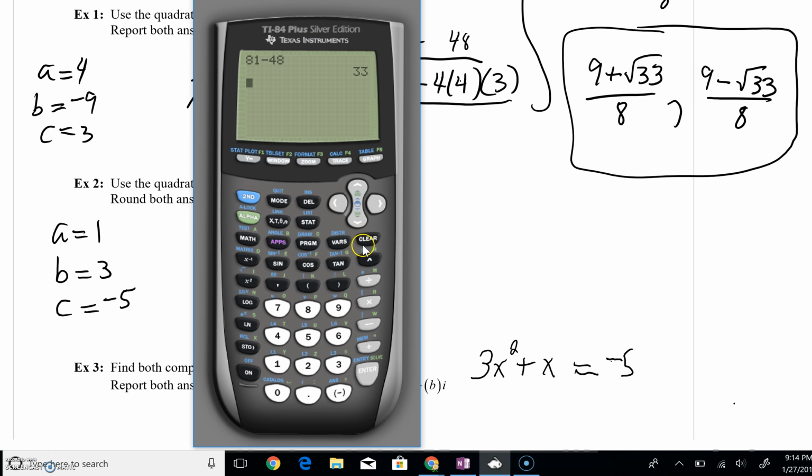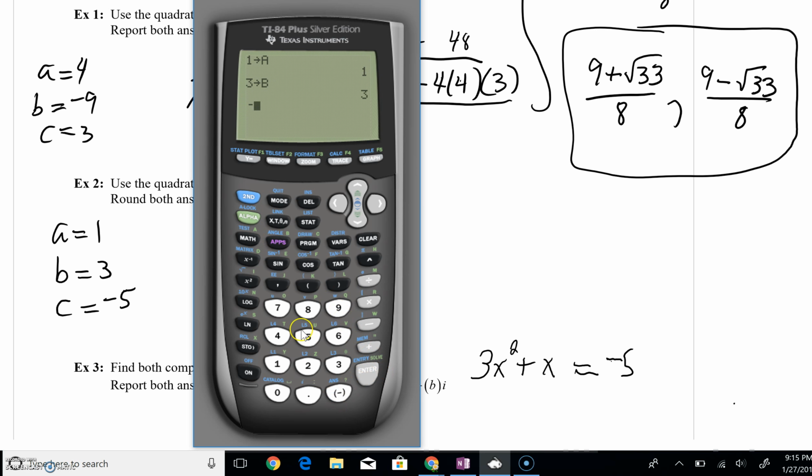And I'm going to store 1. I hit 1, then I hit this arrow right next to it. And I'll hit alpha A, hit enter, hit 3, hit store, then do alpha B, hit enter.